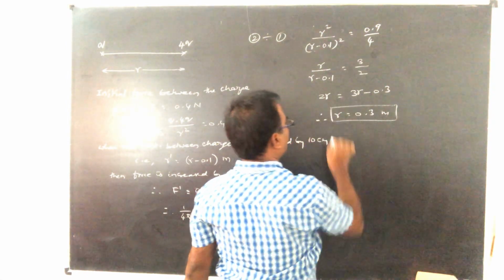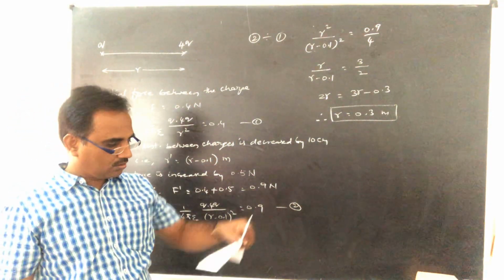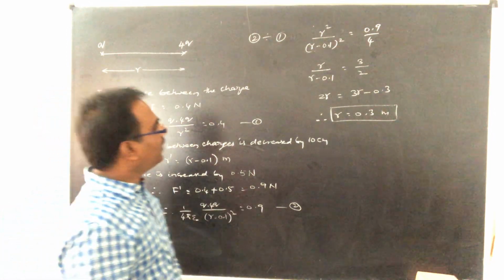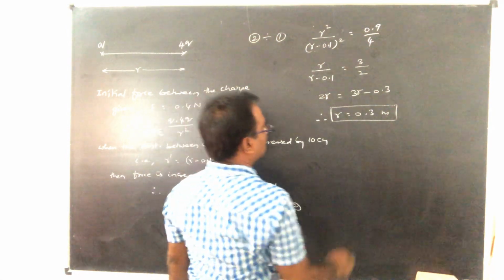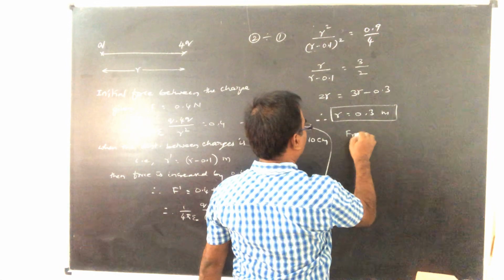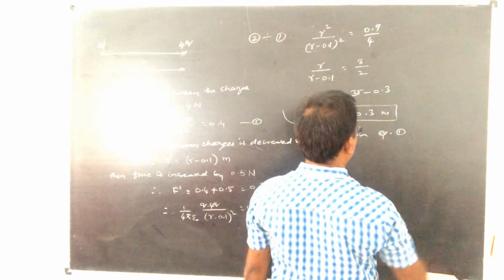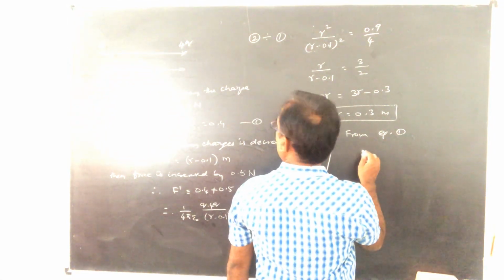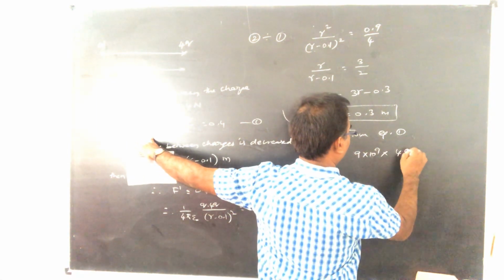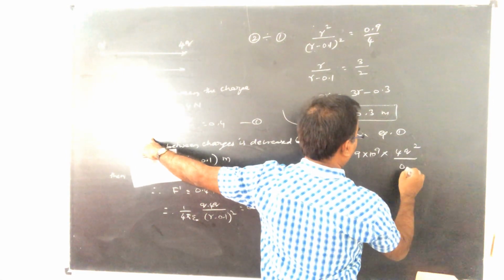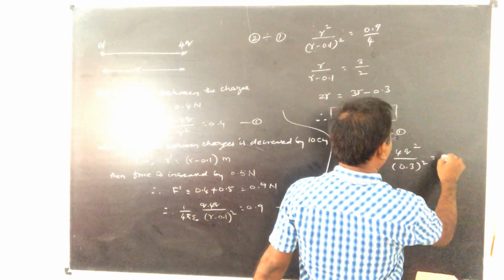So this is the first part of the problem. You are asked to find the initial separation, it must be 0.3. And then you are also asked to find these charges. From equation 1, this is 9 into 10 to the power of 9, 4q square divided by this r square is 0.3 square, this is equal to 0.4.